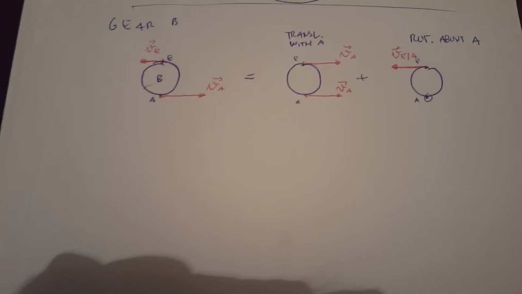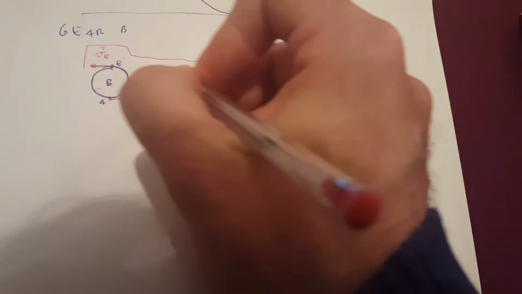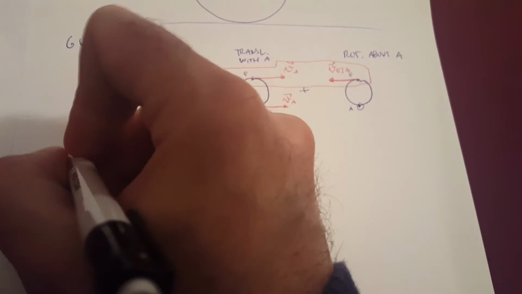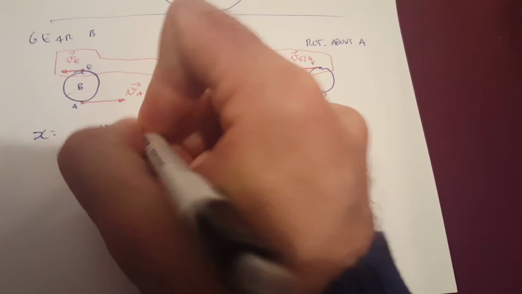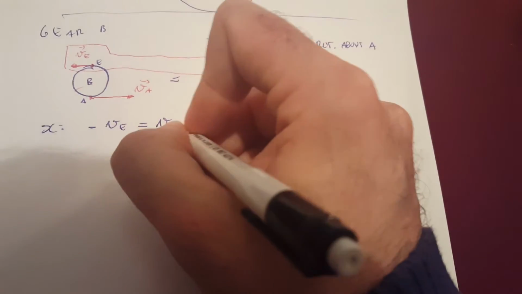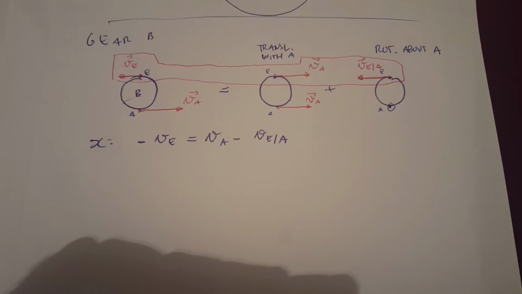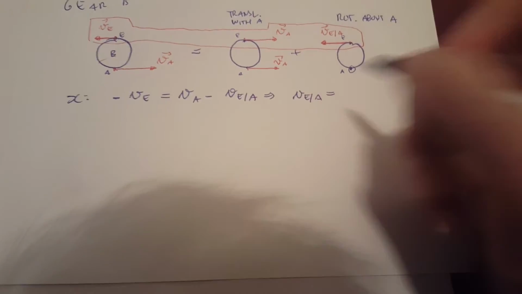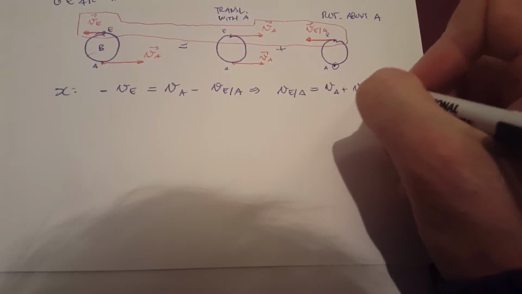So here we have the diagram, and the equation I will write uses the vectors on top, and I only have vectors in the x direction, so I don't need to decompose. What I have is minus VE equals VA minus VE with respect to A. So this yields VE with respect to A equals VA plus VE.